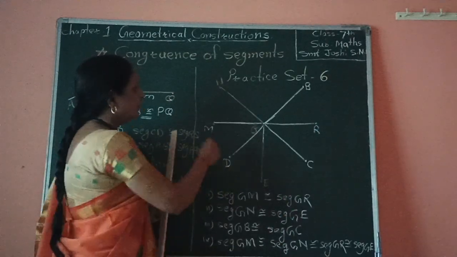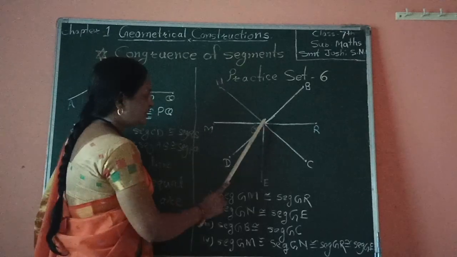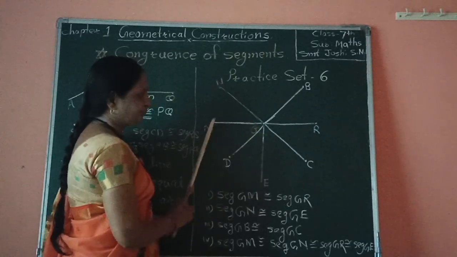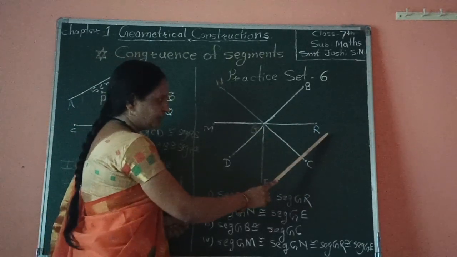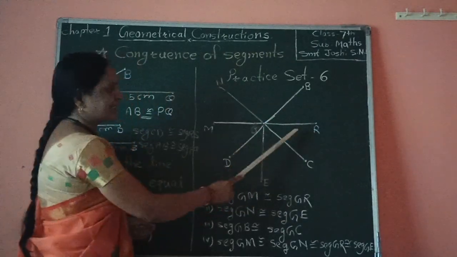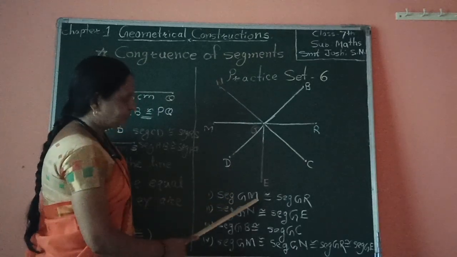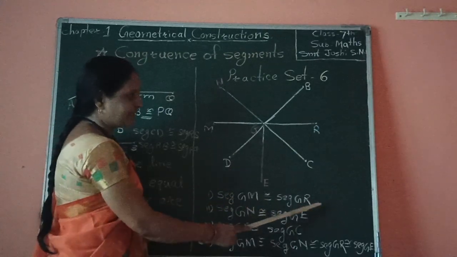When we put the divider on seg GM and GR, we see that these two line segments are congruent. Means seg GM congruent seg GR.